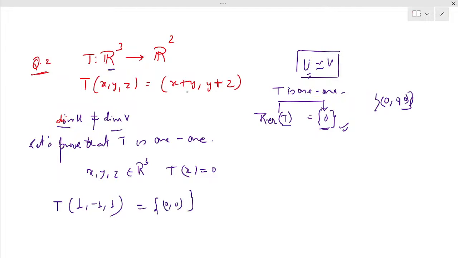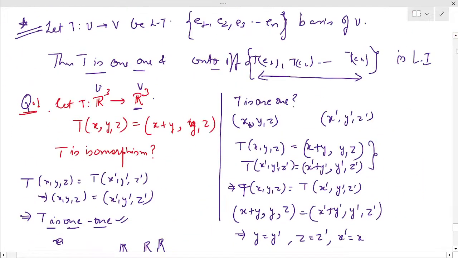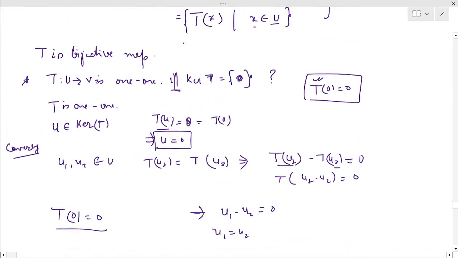What is 1 minus 1? So it is 1 minus 1 here, and minus 1 plus 1, 0. So it is going to give me 0. It implies that 1, minus 1, 1 belongs to the kernel of T, because the kernel of T is after all all those elements for which your transformation becomes 0. And here it proves that 1, minus 1, 1 belongs to the kernel of T. And if you remember, I gave you the if and only if condition. In fact, I sketched the proof as well.